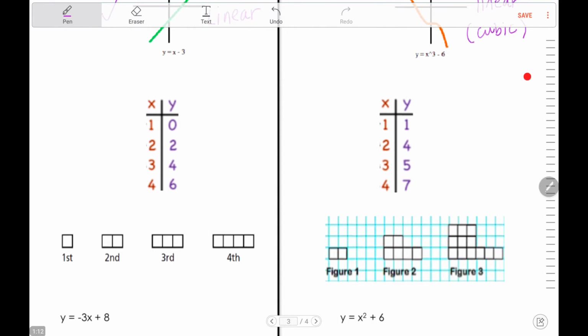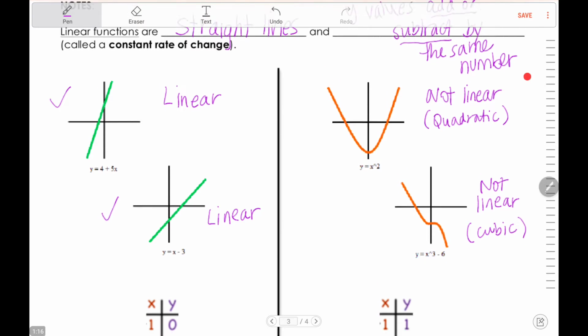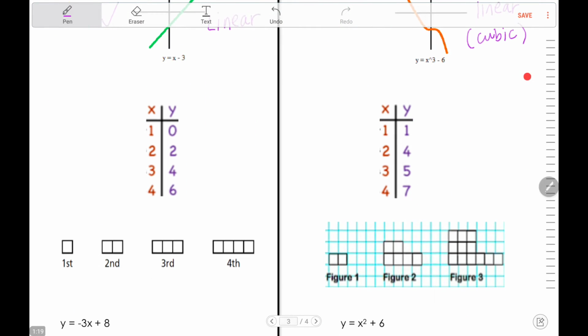Let's scroll down. In our table, if we look at our second piece of the definition, our y value should be adding or subtracting by the same amount. So if we look here in the y values, it's going up plus 2, then 2 to 4 is plus 2, then 4 to 6 is plus 2. Now, it is going up by the same amount, but I also need to make sure my x's are going up by the same amount.